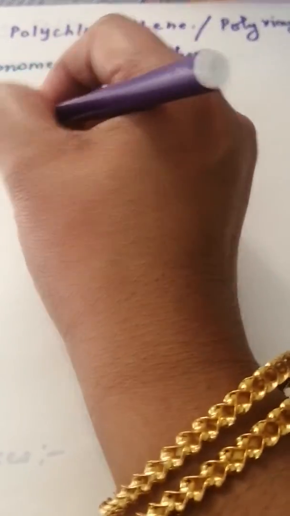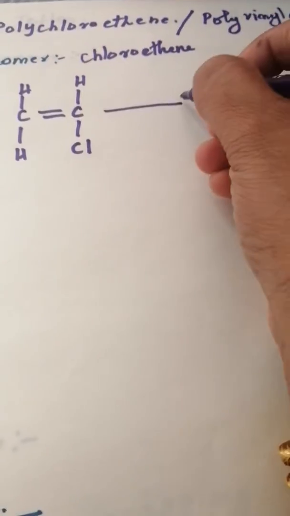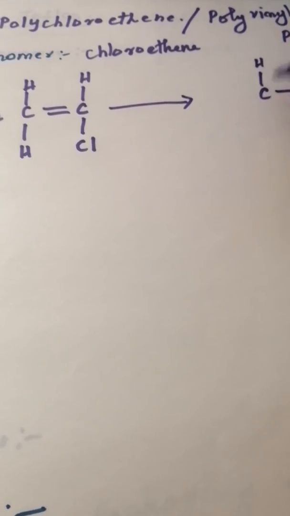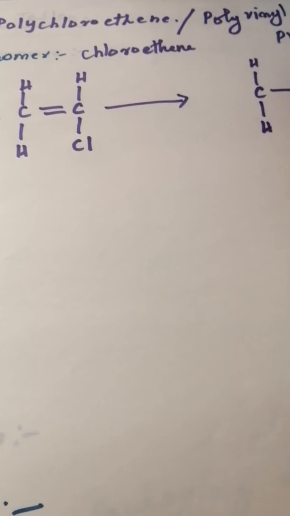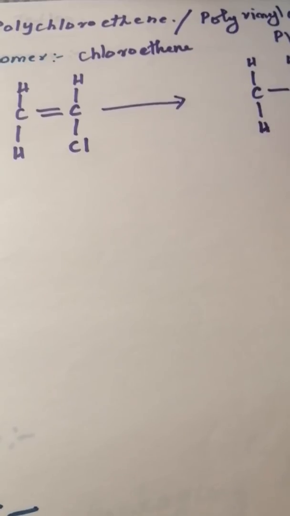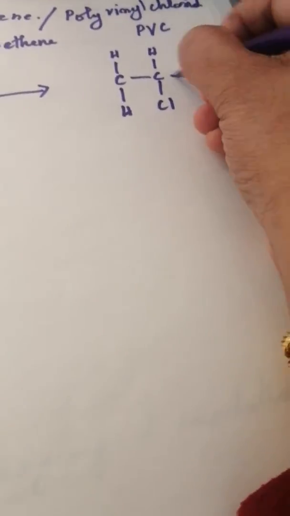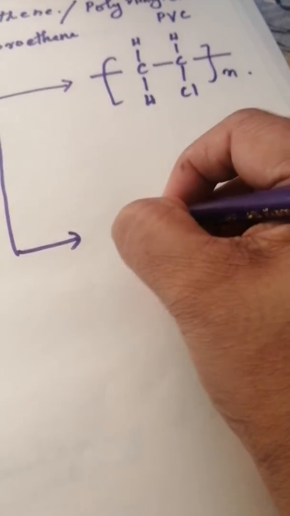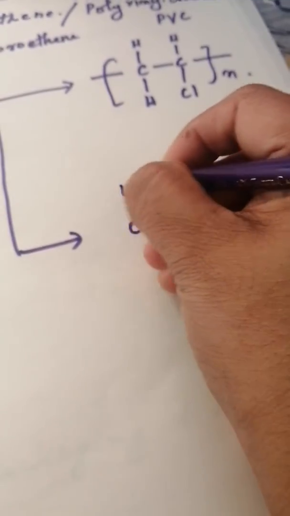Now polymerization, n times, open. So C double bond C, H, H, H, Cl, square bracket, n times. And then writing it in the question, according to the question, if they are asking for 2 units, you have to exactly show 2 units.